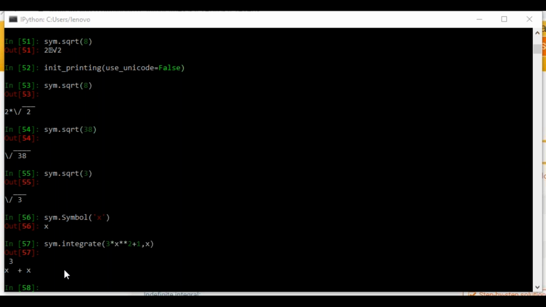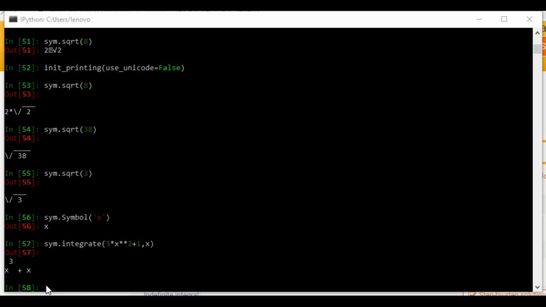Then we would like to find the numerical value with limits, that is the integral from 0 to 2 of 3x square plus 1 dx. Here we have found the analytical solution to this integral, x cube plus x.